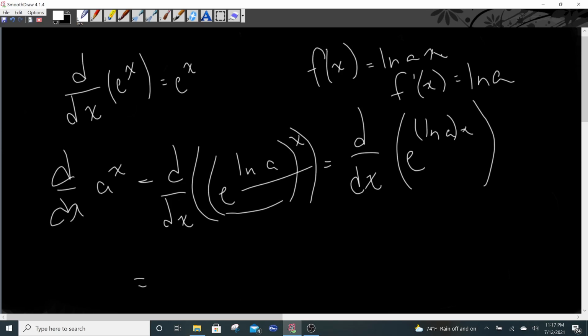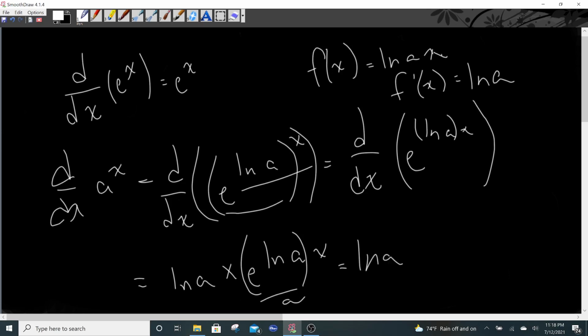So we are left with ln a times e to the ln a x, which again is e to the ln a to the power of x, which, as we defined, is a. So this is just going to be ln a times a to the x.